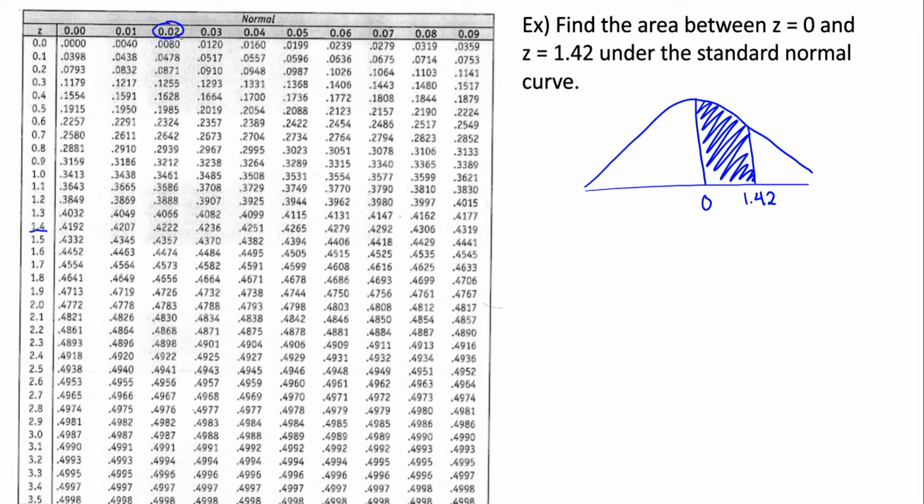Now what we're going to do is follow this column down, and we're going to follow the 1.4 column across until they intersect each other. And that tells us that this piece of area over here is equal to 0.4222. If they asked us what the percent of area was, we would say it's 42.22%.